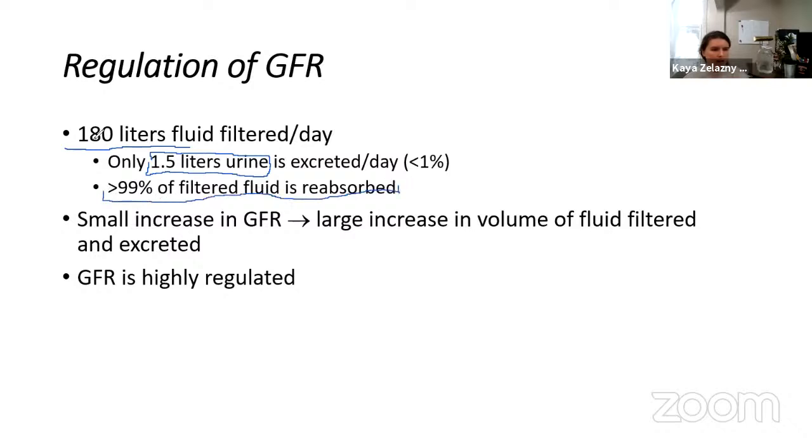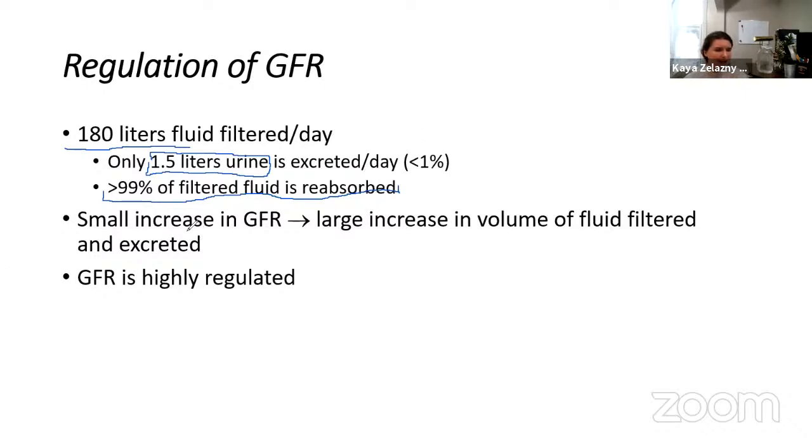Now you can imagine if you suddenly had a lot more fluid going into the nephron, like if your kidneys are not getting 180 liters per day, but they're getting 200 liters per day, 500 liters per day, you can imagine how it might disrupt some of the mechanisms that your kidney has for doing appropriate reabsorption and appropriate secretion of solutes back in.